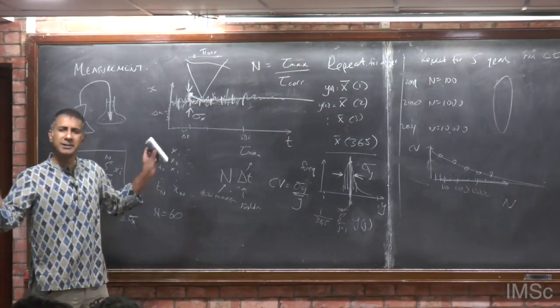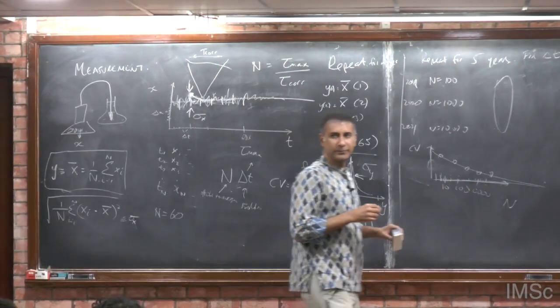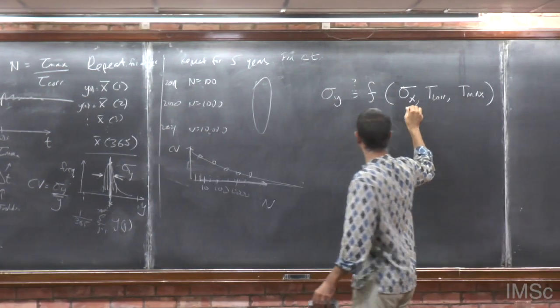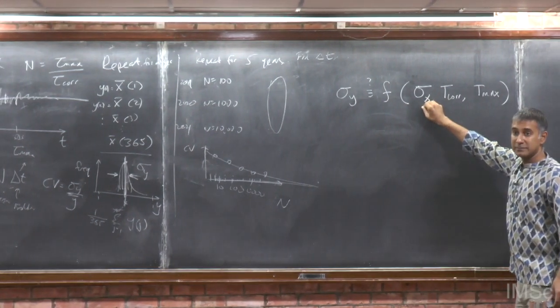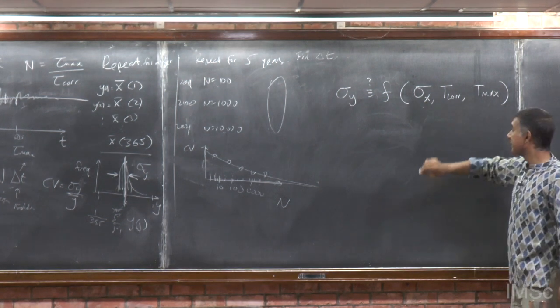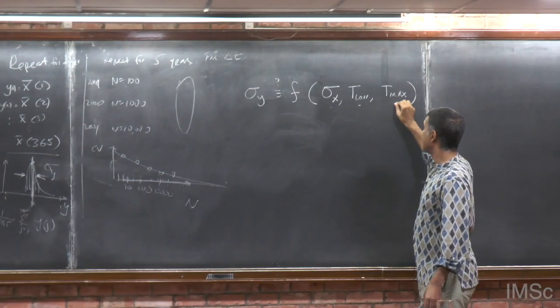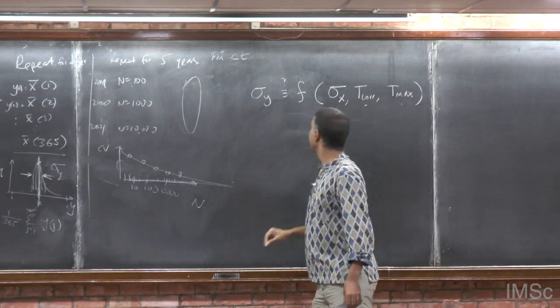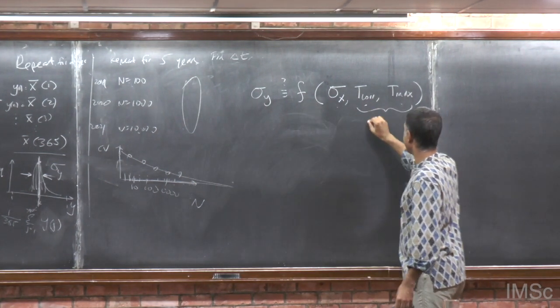Let's say you took 100 samples at 10-second intervals, doesn't matter. So sigma x is the one you took on the first day. And from that sigma x, you're going to give me a formula that any day, if you know t core and you know t max, you know exactly, and of course from t core and t max you get n, right?